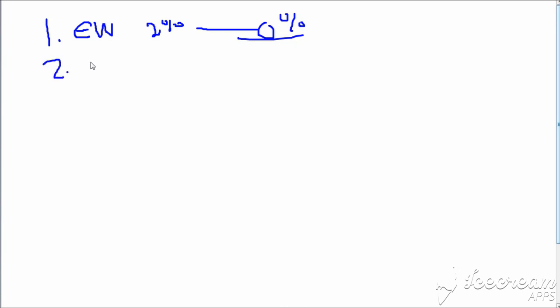Trade 1, okay, you do the EU. You do 2% risk. And when the market's in your favor, you have a break-even stop. You have zero risk. Trade 2, EJ, okay, 2% risk.